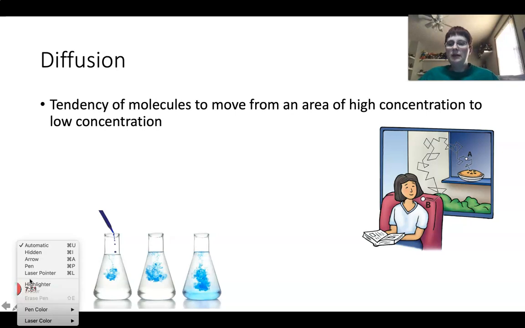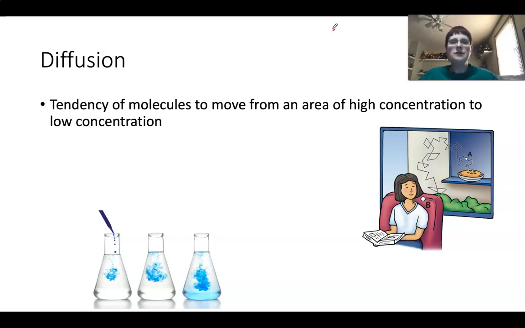So if I grab my pen here, it's the same idea as people, right? We don't like to be in very big, tight crowds. And so you can imagine all of these dots as molecules or as people. And so as they move around, they're going to space apart, because as they bump and move around, they're going to want to get farther apart from each other.